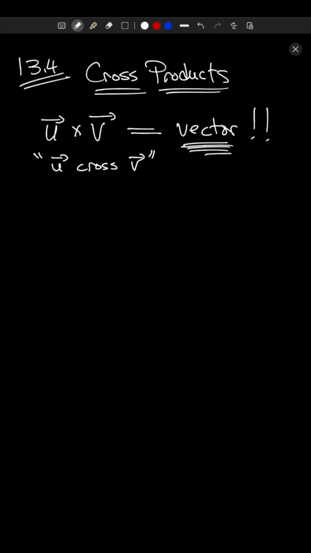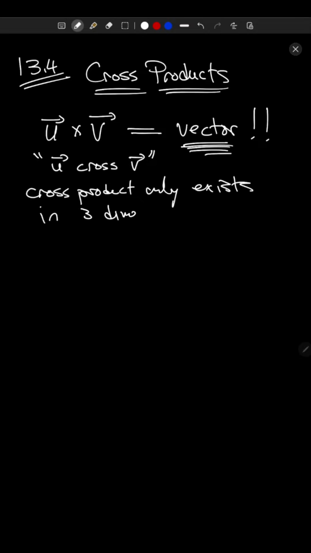Let's see. Before we even talk about what it is, something interesting about the cross product is that it only exists in 3 dimensions. Well, actually, in reality, also 7 and 8, but we're obviously not going to worry about those two.